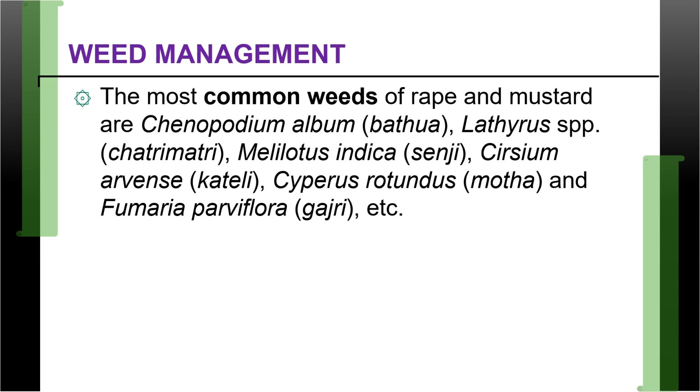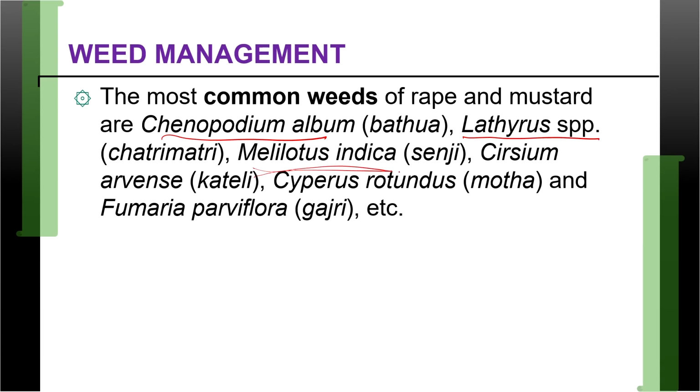The most common weed is Chenopodium album. This is bathua, a winter season weed, mostly growing under rabi seasons. So it can come to any other rabi crop also, and it is also there in rapeseed and mustard crops. Similarly, Lathyrus species and Melilotus indica, and Melilotus alba is also there.